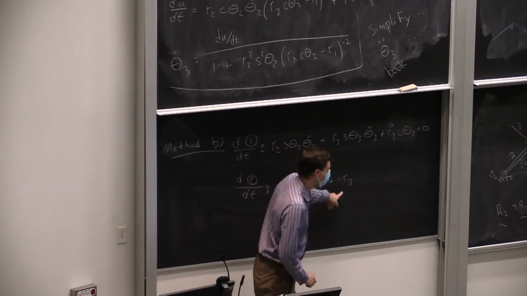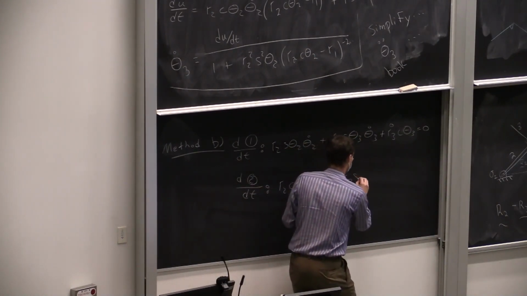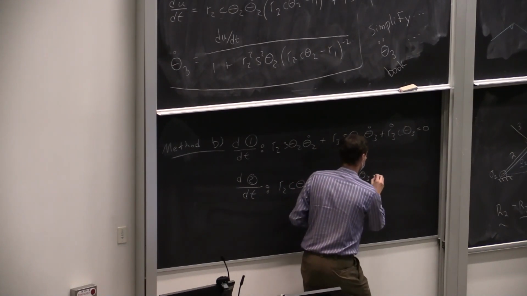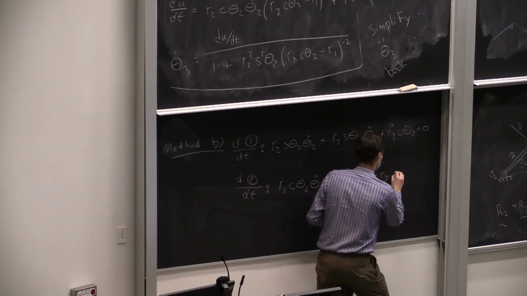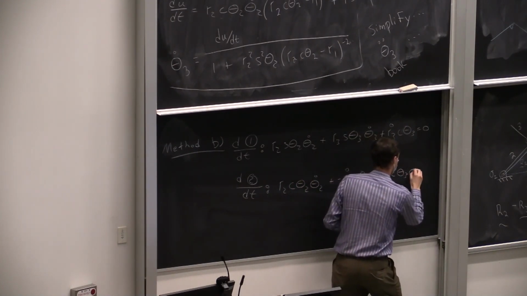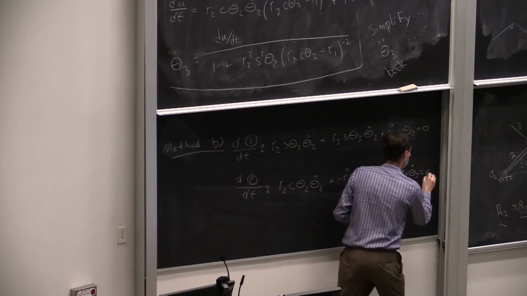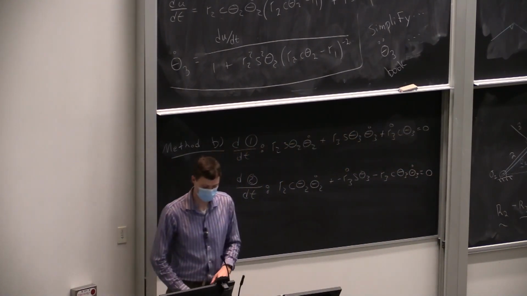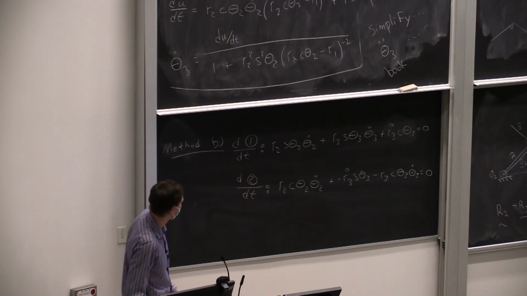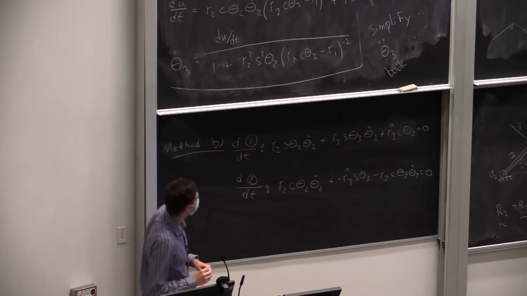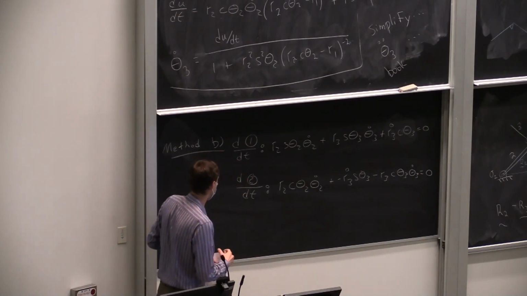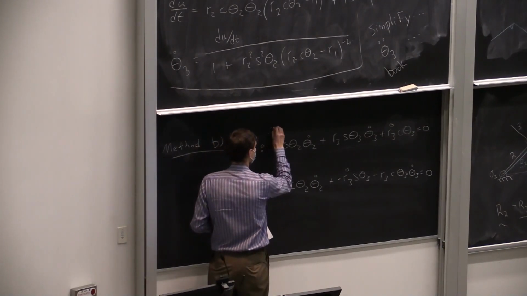So now we're ready for this one. Minus R3 dot sine... Okay, so we could call this equation 5 and equation 6.